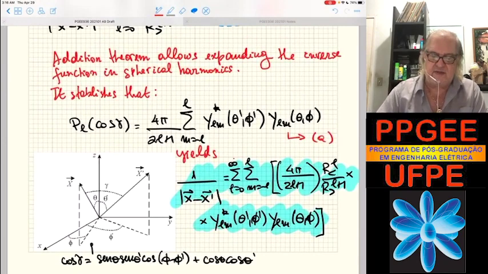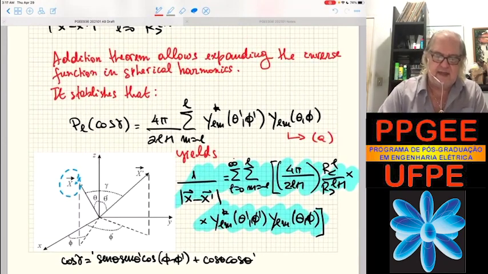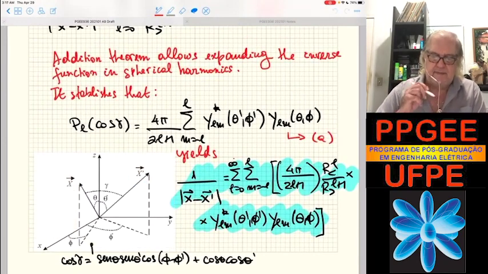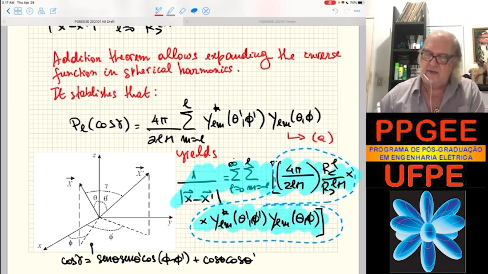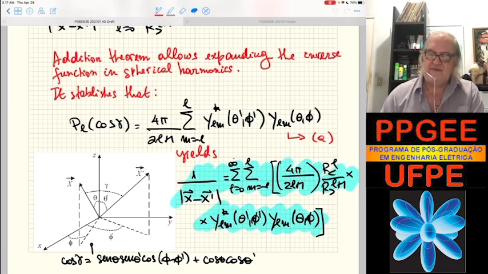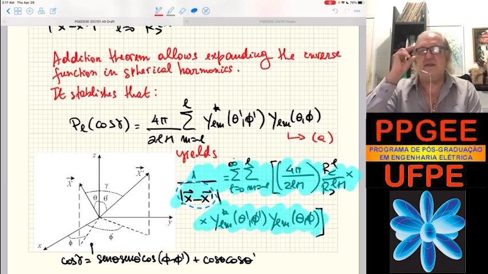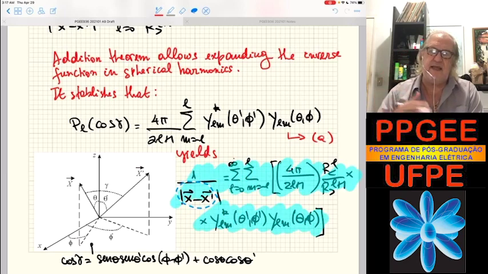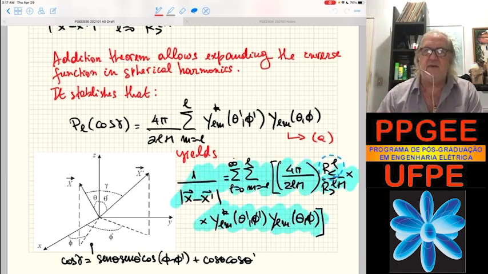You have 2 vectors, x and x prime. You can show that the inverse function can be expanded like this. You have to know which one is larger in magnitude, x or x prime. So you're going to put the smaller in the numerator, raised to L, and the larger in the denominator, raised to L plus 1.